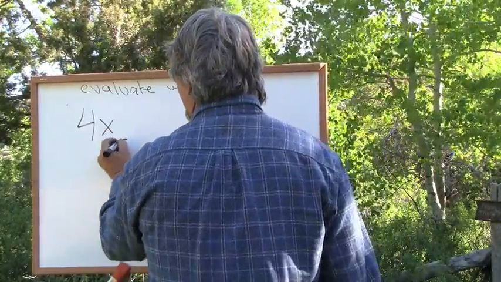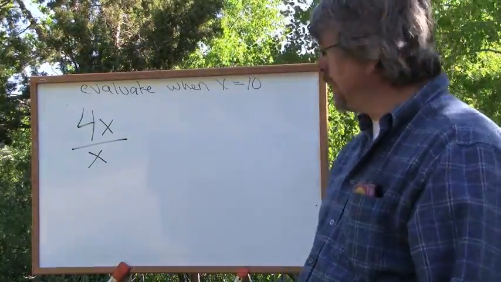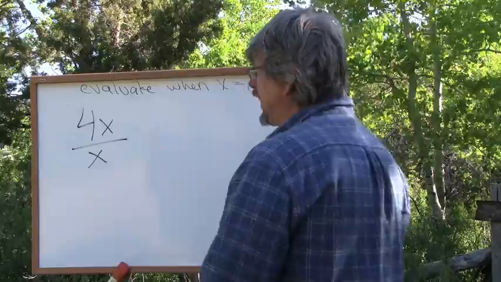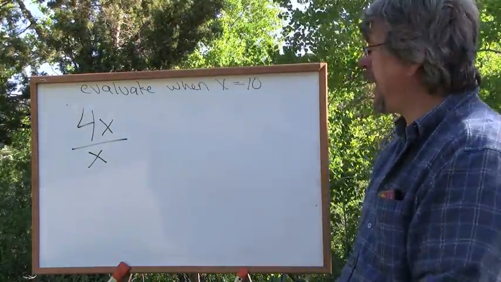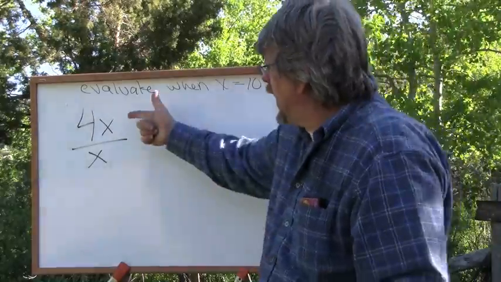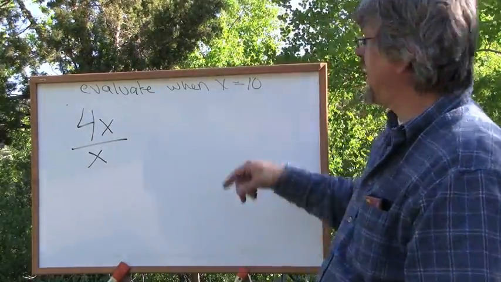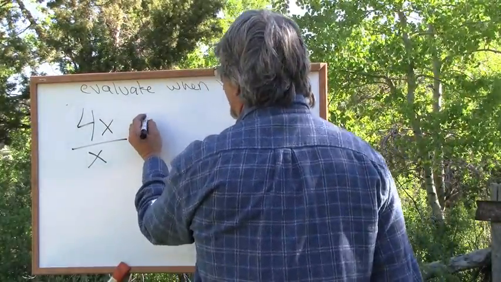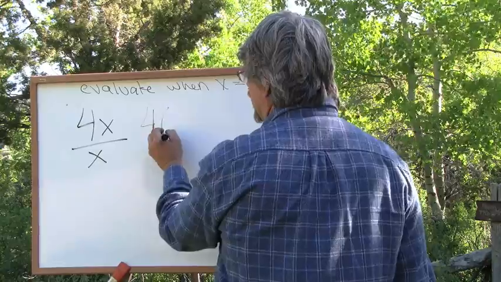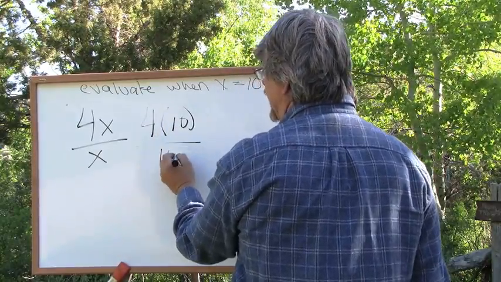Let's say we have 4x divided by x. Now this is simple when you look at it. You know the x's are just going to cancel, right? So you don't have to freak out by saying, oh man, I have a variable and it's being divided by a variable. We're given x is 10. Let's work it out just to prove it to ourselves. 4 times 10 divided by 10.